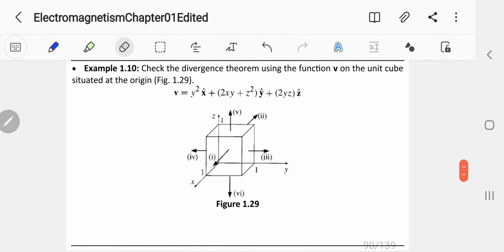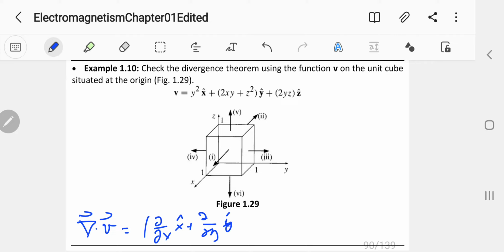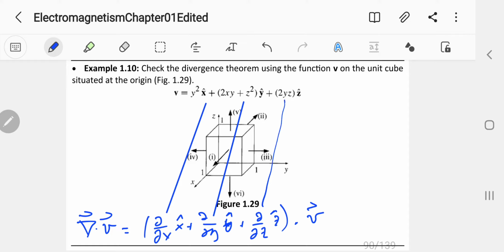So here, if you take the divergence of V, it is now partial with respect to x hat plus partial with respect to y hat plus partial derivative with respect to z hat, and then you dot it with v. So you can take the partial derivative of this and partial derivative of this one here, and of course that one there.